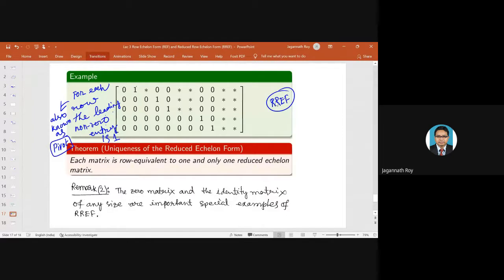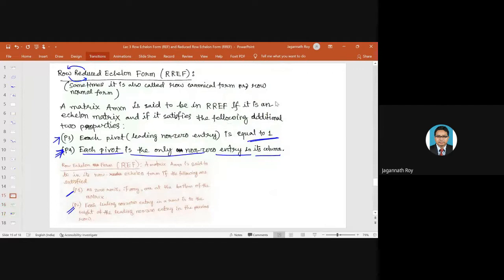In that column, property 4. If you go back and check, property 3 says each pivot, each leading non-zero entry is equal to 1, and except 1, all entries in that particular column are 0. This pivot is the only non-zero entry in that particular column.